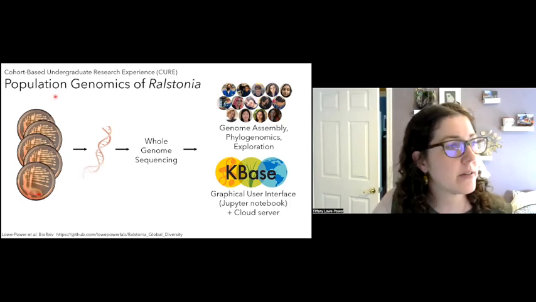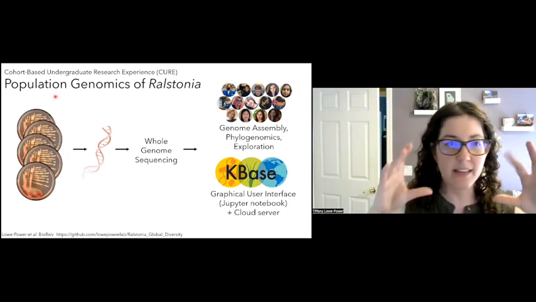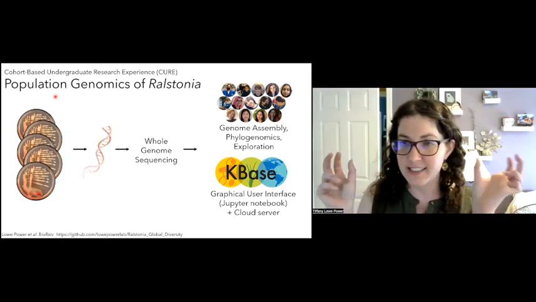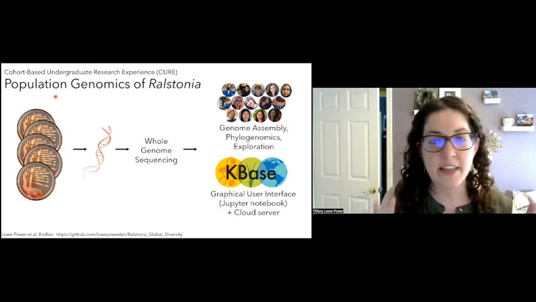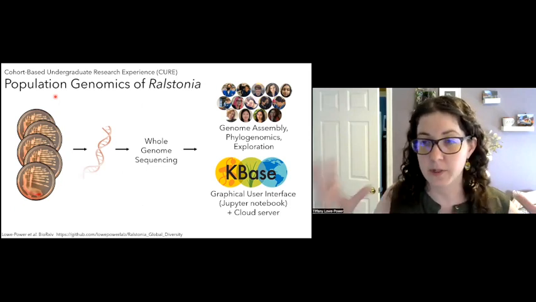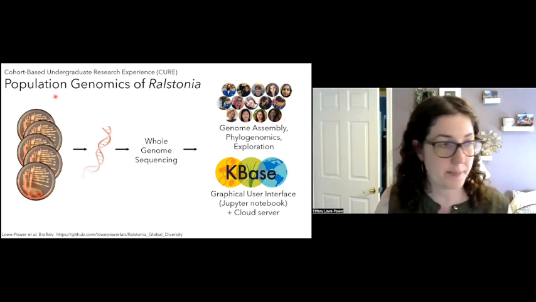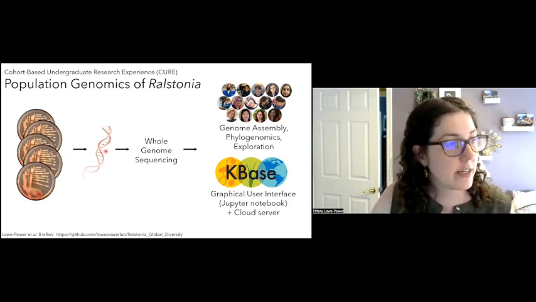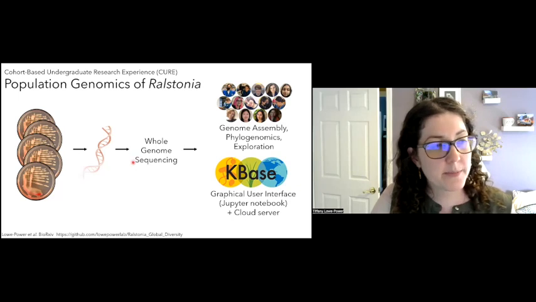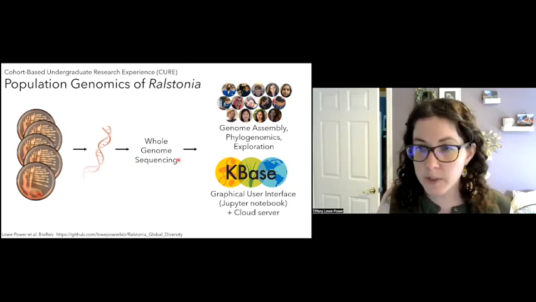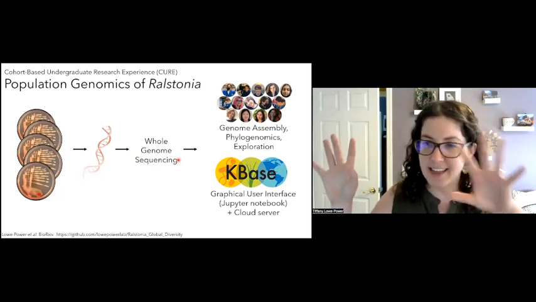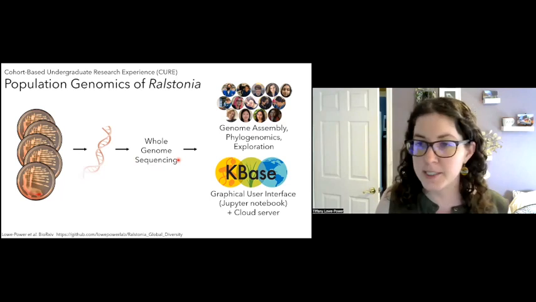And so with this CURE model in mind, I realized we have a beautiful synergy between research needs and these undergrad teaching opportunities, and that's to build out resources for understanding the diversity of Ralstonia populations. So in our CURE, undergraduate students get 1 or 2 strains of Ralstonia. They extract the DNA. We submit it for whole genome sequencing. So far, we've been doing Illumina sequencing, but depending on how costs and the error rates seem to be going, we might be switching over to Nanopore soon.